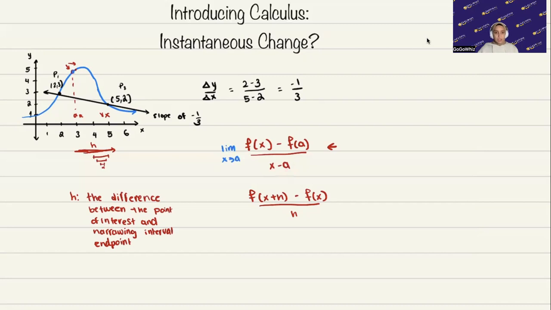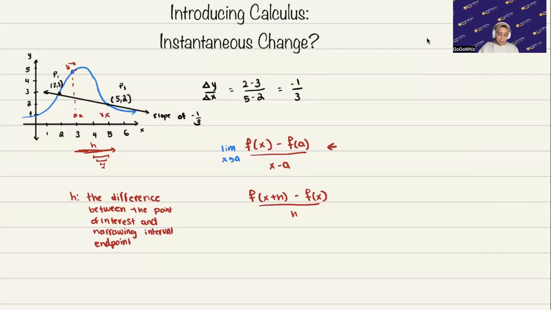But I can get very close to a, to the point where I'm very close to my point of interest, and I'm making my average rate of change a very, very small interval. So if a was 3, then I can make x, for instance, 2.9999. So it's just approaching a. That's what limit is saying.